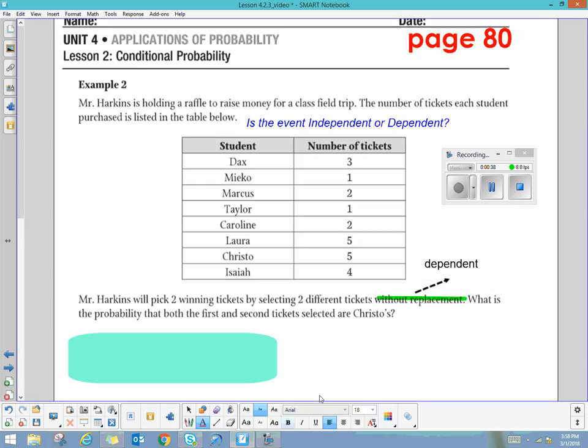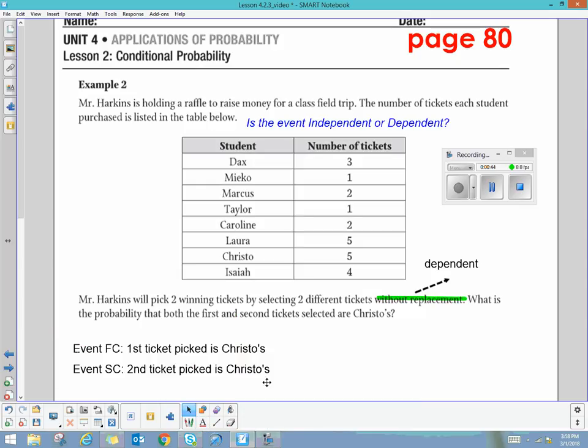All right. So I'm going to use the following notation. I'm going to let event FC represent the fact that the first ticket picked is Christos, and SC represents the event that the second ticket picked is Christos. All right, so now using our dependent formula with the multiplication rule, let's set it up using this notation.